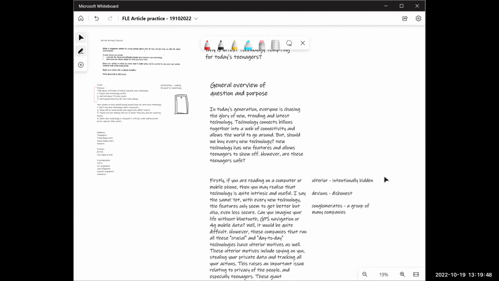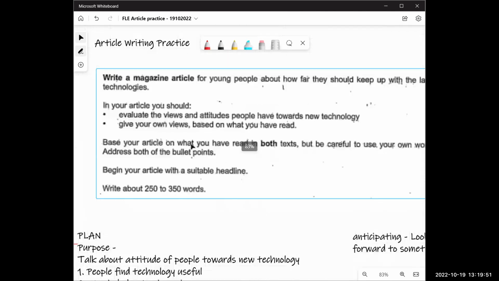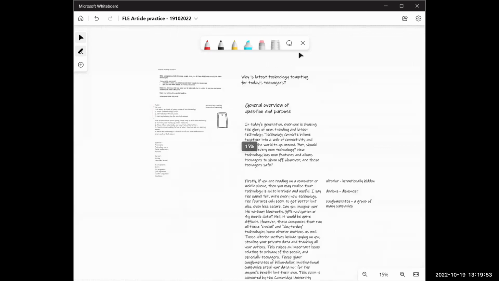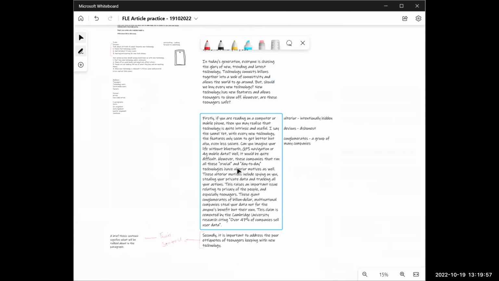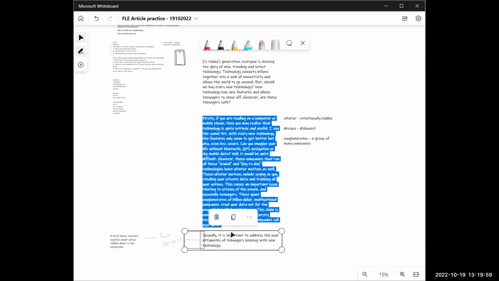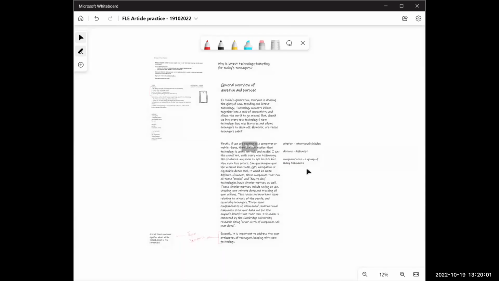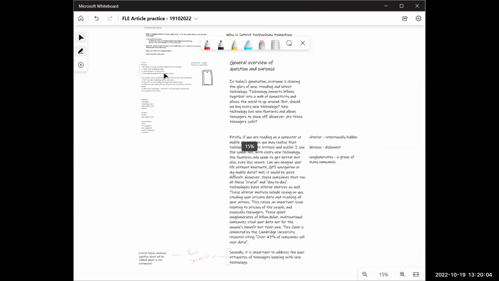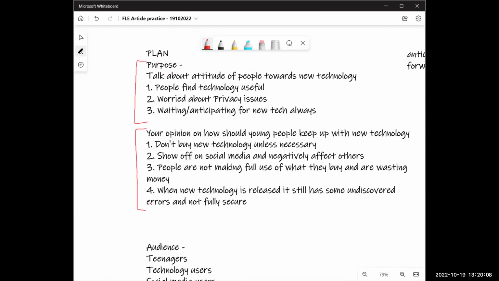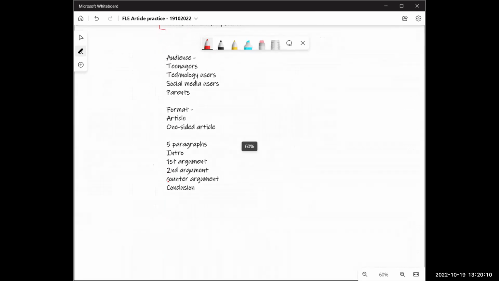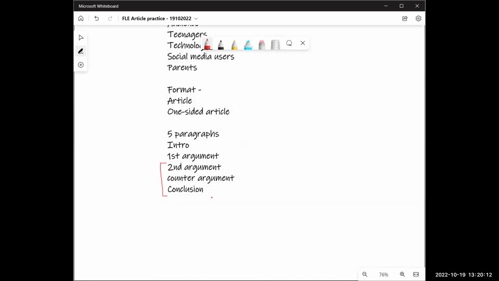I think the word limit here is 350 words, right? How much do you think we've written? Sir, around 100 to 150. About 150. So half the paragraph is now remaining. I have not talked about the conclusion yet. So the second argument and the conclusion, that's your job now.